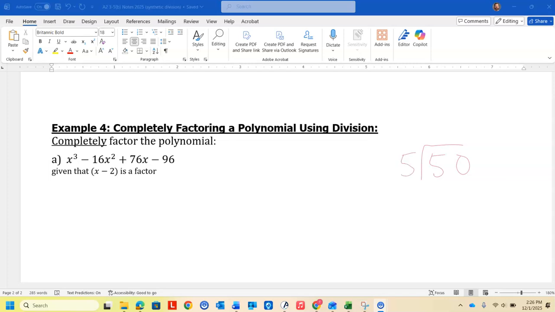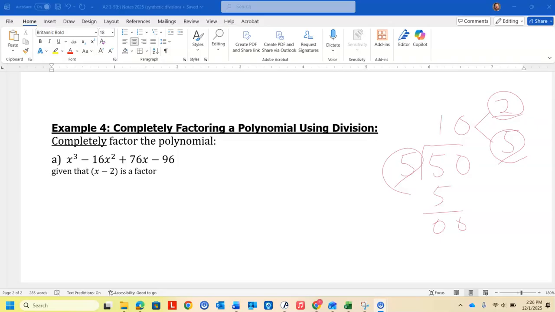And you take 50 divided by 5, you get 1, and then 5, 0 goes into 0 times, and the quotient would be 10. Well, 10 is not factored completely because 10 can be split up into 2 and 5. So now I've got my complete factorization, 2 times 5 times 5. So I have to keep going.